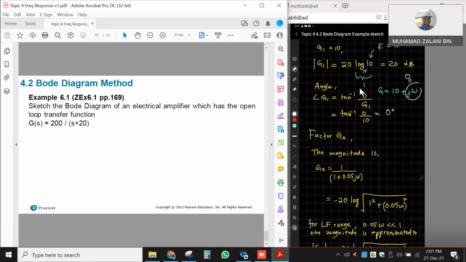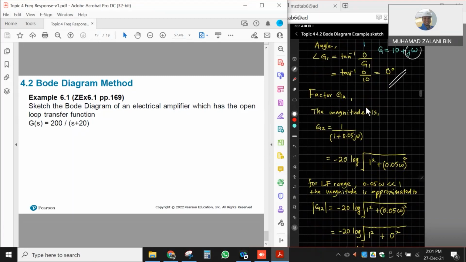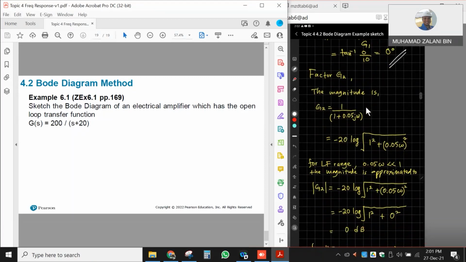So arc tangent of 0 divided by 10, meaning arc tangent of 0, which is 0 degrees. Okay, finished for the factor G1.